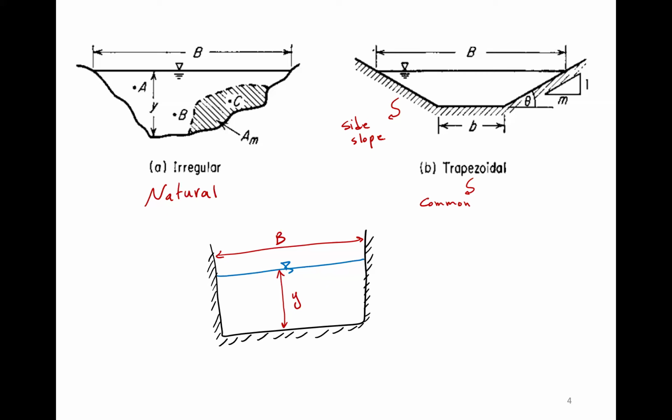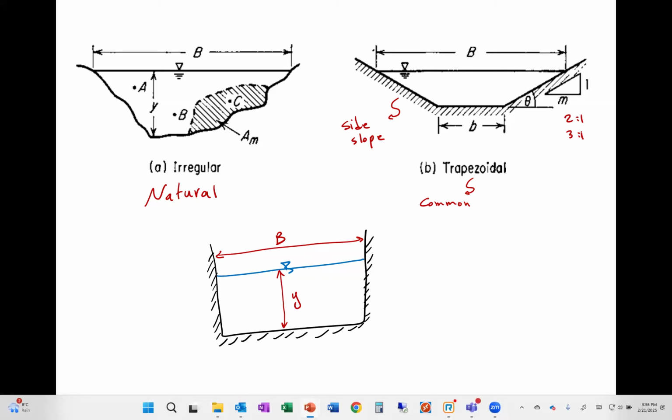So m is the horizontal distance here, and 1 is the vertical. Typically, let's say 2 to 1, 3 to 1, and so on. So it's the horizontal distance to vertical distance. Again, this helps us define the cross-section of the flow in this type of flow.